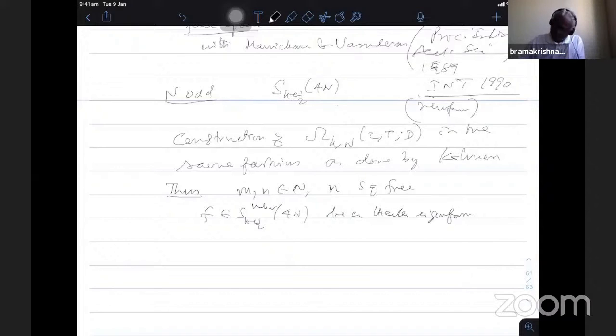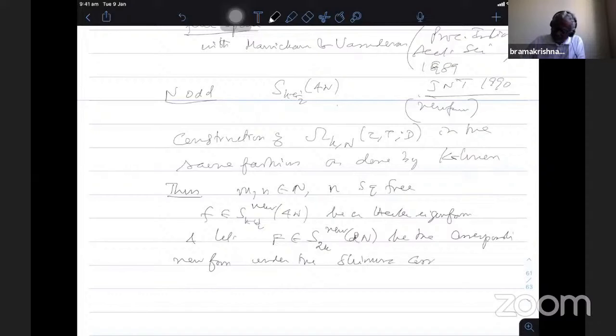And let capital F in S_{2k}(2n) be the corresponding form under the Shimura correspondence.